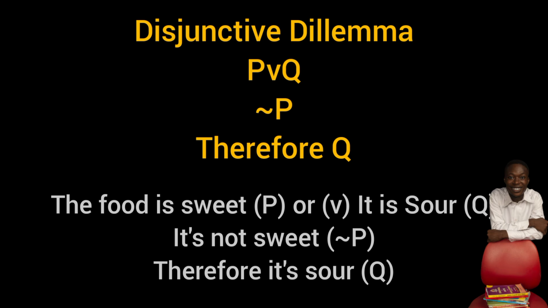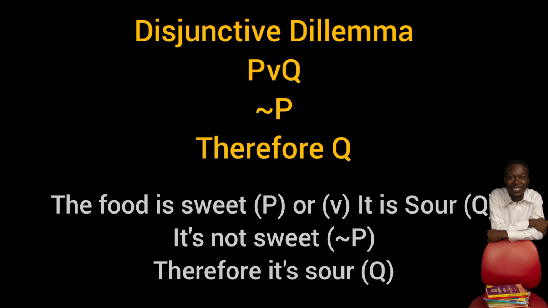Q stands for the food is sour. So P or Q could mean the food is sweet or it is sour. Okay. Then the second premise is not P. P stands for the food is sweet, so not P means the food is not sweet. The conclusion is Q, so it is sour. Since the second premise says it is not sweet, then we can say it is sour.